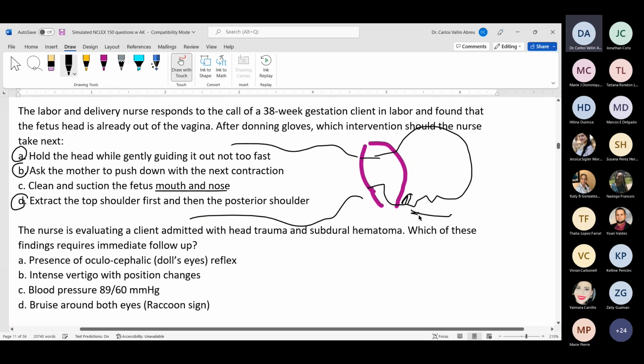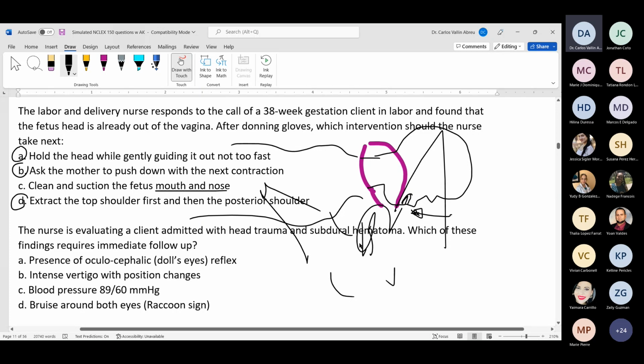You can start reading. Maybe when you investigate, you discover that it's a routine that when you are sitting in front of the mother in lithotomy position, when the head is out, immediately you clean the head that comes with a lot of secretions.